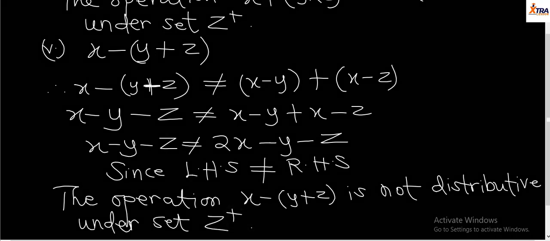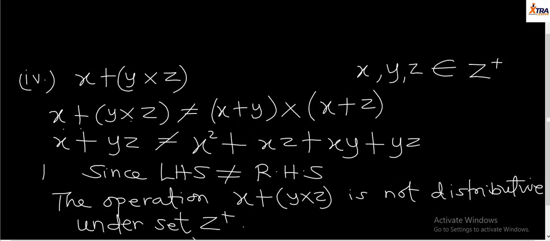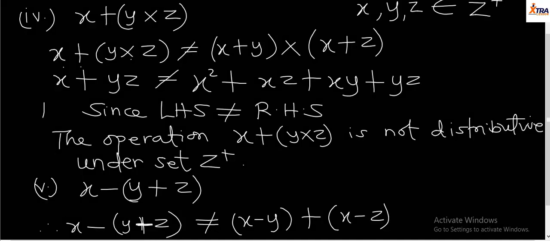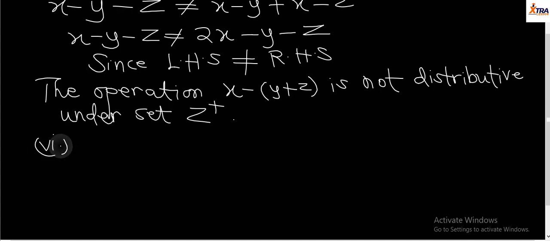So for the last one here, we'll be considering the operation x times open bracket y minus z. That's Roman figure 6. X times open bracket y minus z, where x, y, and z are elements of the set of natural, positive integers rather.